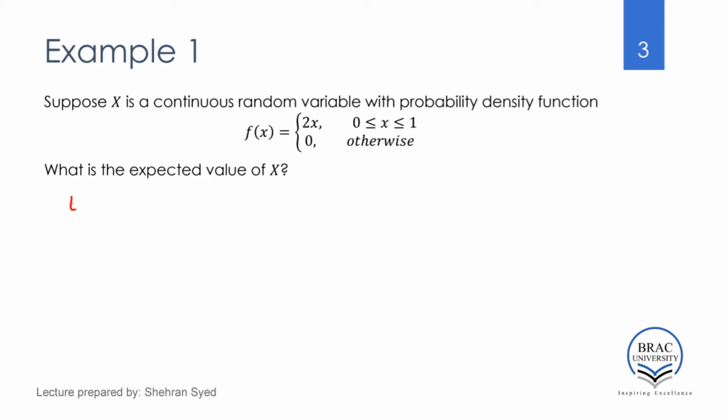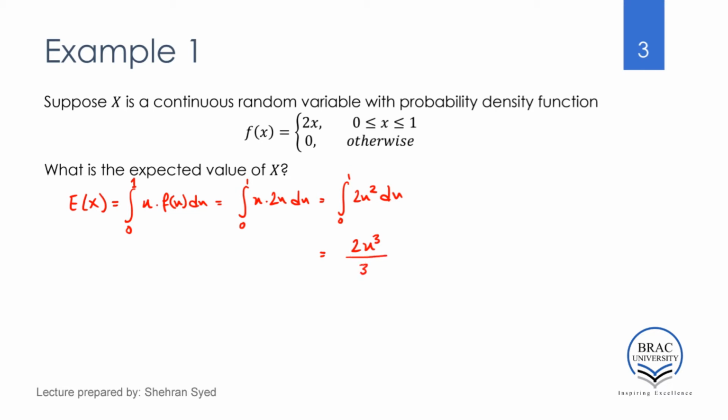So let's calculate the mathematical expectation of x. The expected value of x would be equal to the integration of x times f of x dx over limits 0 to 1, which is integration of x times twice x dx over limits 0 to 1, which can be simplified as integration over limits 0 to 1 of twice x square dx, which is equal to 2x cubed divided by 3 over limits 0 to 1, and that equates to 2/3.